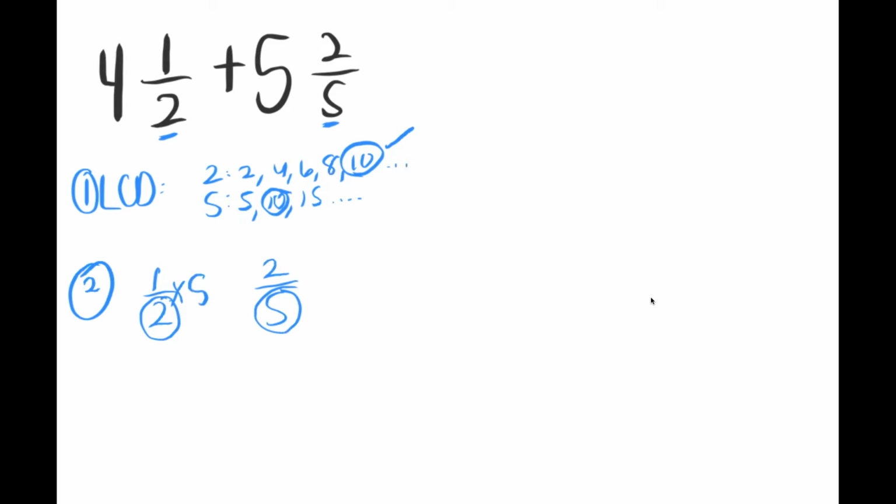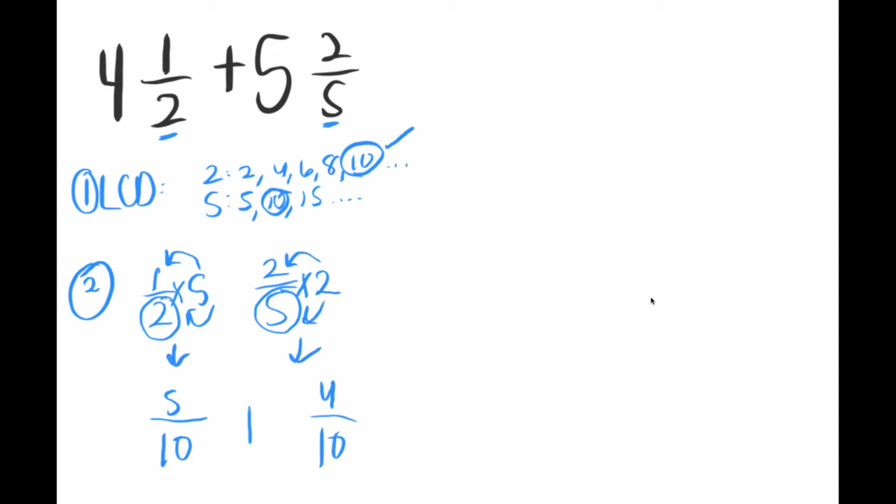And then for the fraction 2/5, we would have to multiply it by 2 in order to get 10. So now this fraction becomes 5/10, and this fraction becomes 4/10. We multiply the 5 here, and we multiply 2 here. So these are our new fractions.